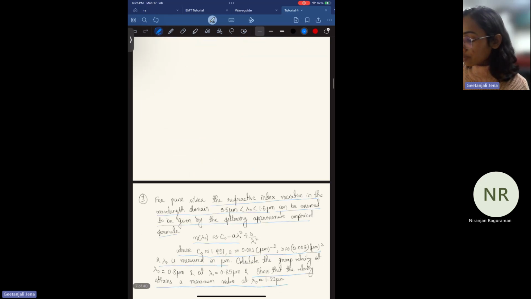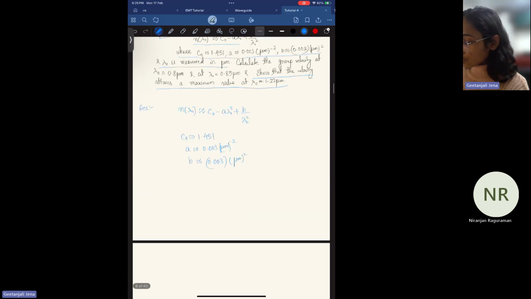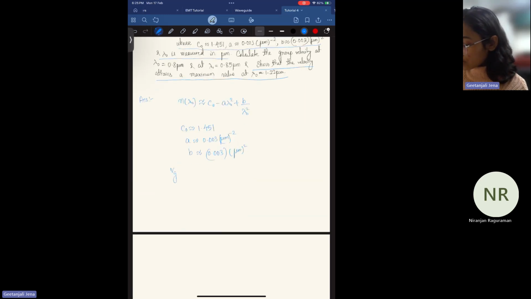So you can remember it in this way also. We have Vg as C by n of lambda 0 minus lambda 0 dn over d lambda 0, so we have an additional term here.